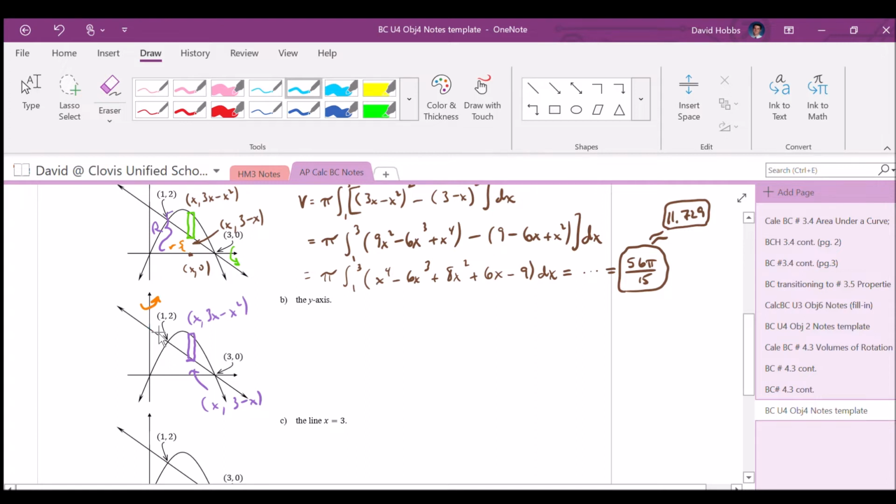So the radius is just simply this distance right here. It's a horizontal distance, so we want to do right side minus left side. Those are x values. So x minus 0. So my radius is x minus 0, which is x.